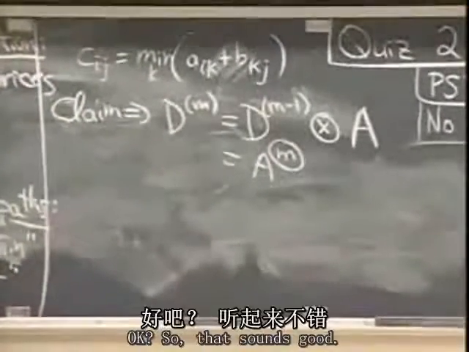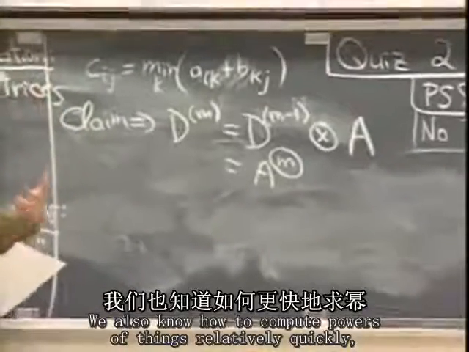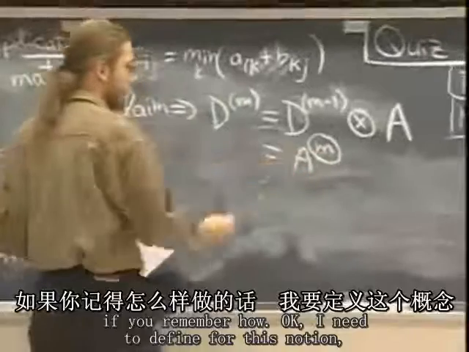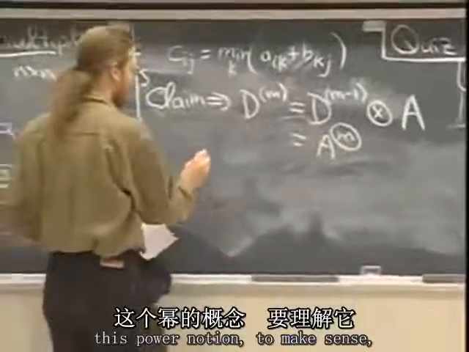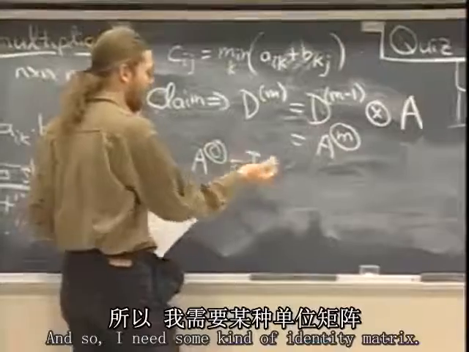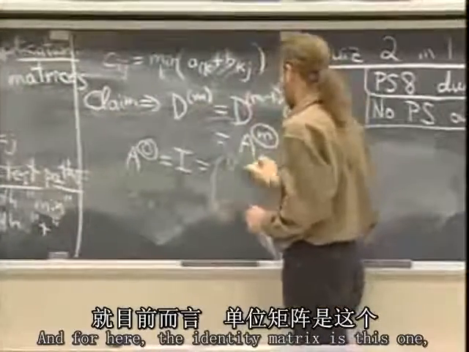Okay. So that sounds good. We also know how to compute powers of things relatively quickly, if you remember how. For this power notion to make sense, I should say what A to the 0 means. So I need some kind of identity matrix. And here, the identity matrix is this one.